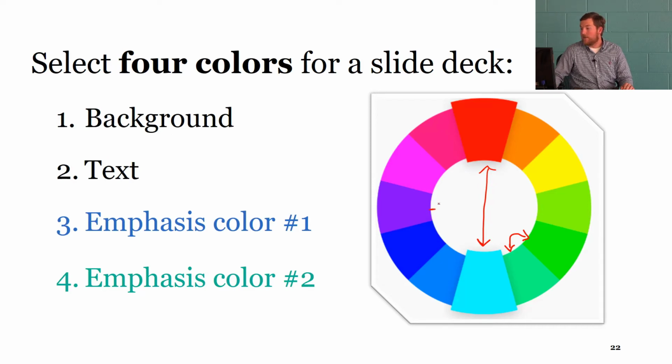So if this is my first one, I'll go 2 in each direction. These 3 right here would be an example of triadic colors. Color theory says that those should go together fairly well: complementary colors, analogous colors, and triadic colors.